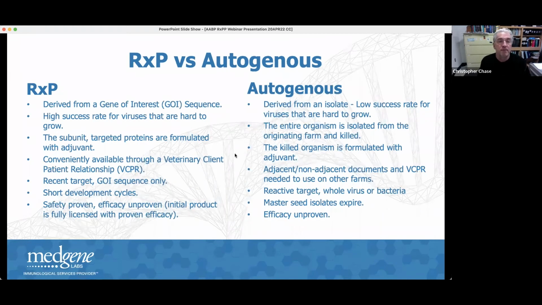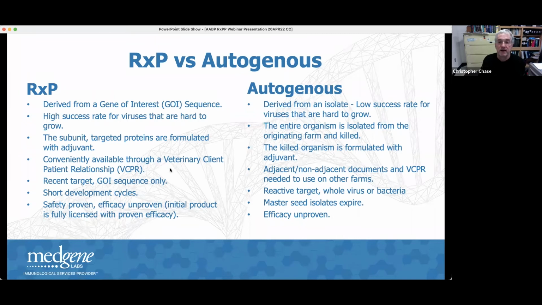If we look at comparing the prescription vaccine to autogenous, we've got the gene of interest in the prescription vaccine, whereas with the autogenous, we have to grow the whole organism and then inactivate that particular organism. And the subunit is targeted. With the hard to grow viruses, we definitely have an advantage with prescription vaccines versus autogenous.